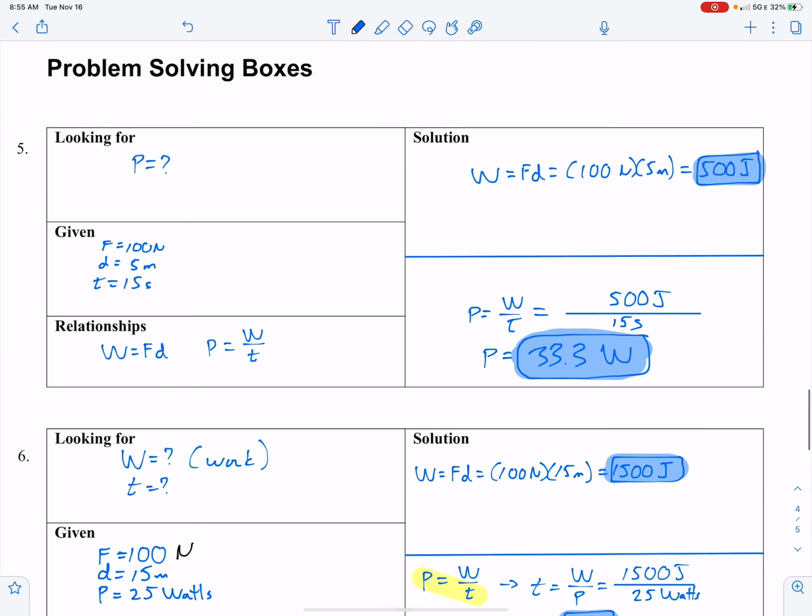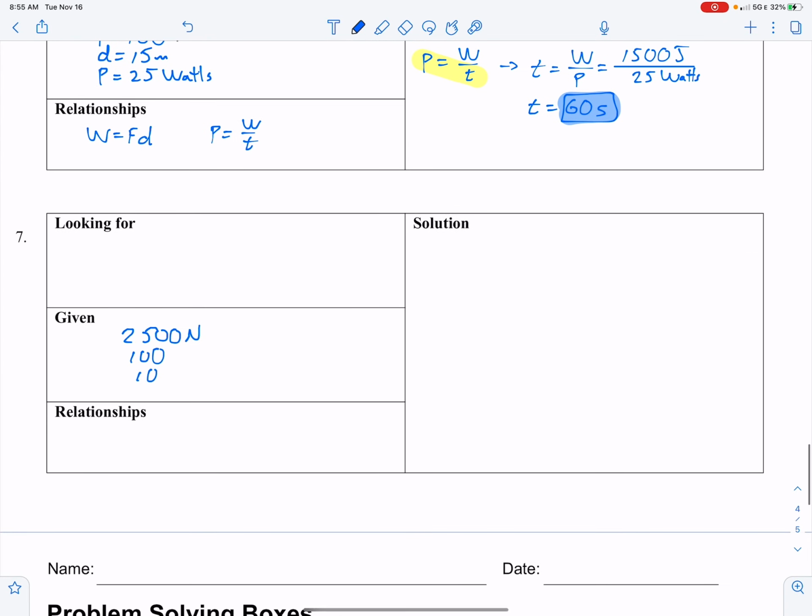Yes. 100 meters, 10 seconds. Okay. So, it wasn't 2,500 newtons, it was 2,500 joules. So we were given the work, we were given the distance, we were given the time, and we were asked to find the force needed and the power of the machine.